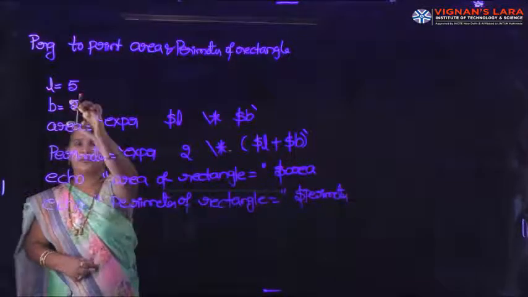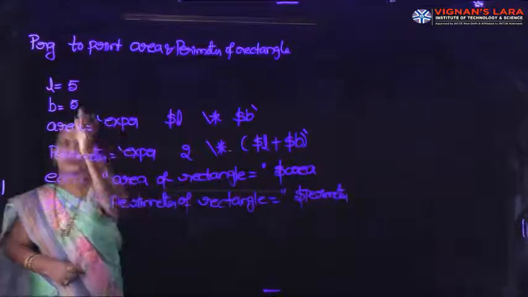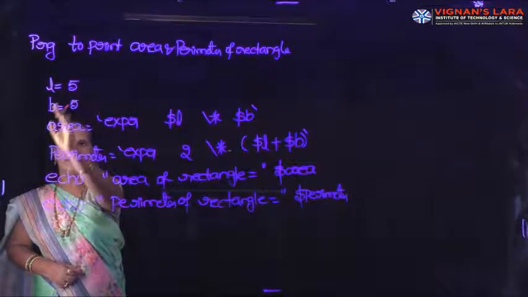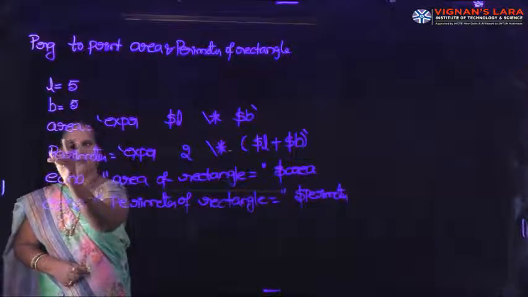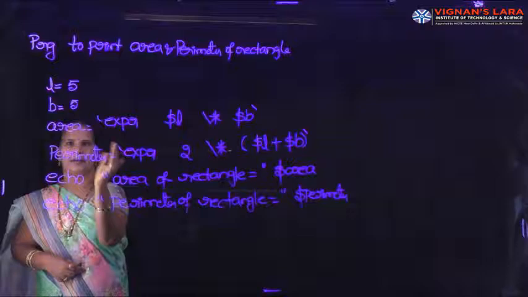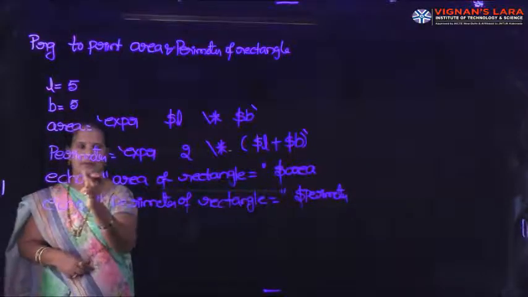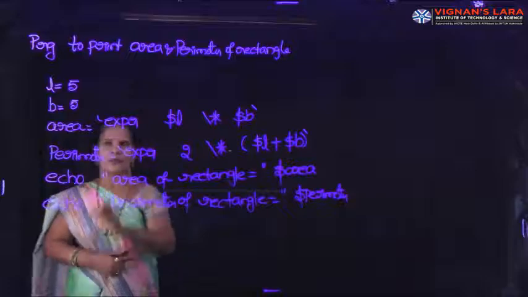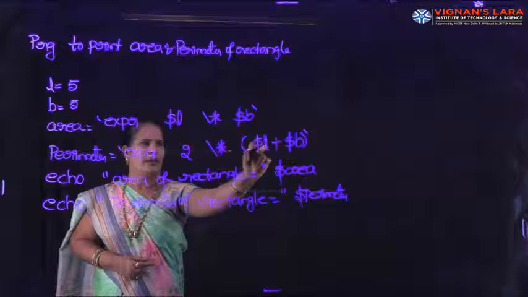First you have to take two variables, one for length and the other for breadth. Here I stored 5 for length and 5 for breadth. In order to perform multiplication and store the product of length and breadth, I am taking area as one variable and perimeter as one more variable. So area is equal to length into breadth, perimeter is equal to 2 into length plus breadth.